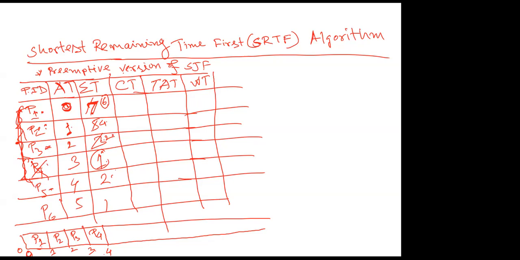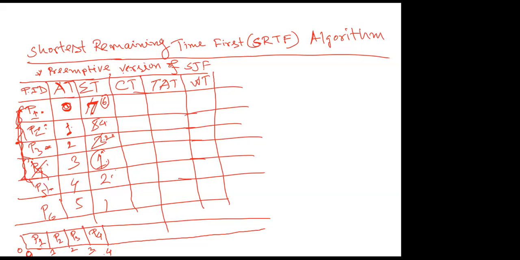It can be any process, but you can develop your algorithm like this: the process which comes inside the CPU first will get the priority when the execution times are similar. P3 comes before P5, so P3 should get the priority.